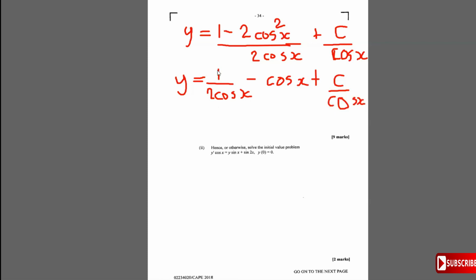Now, y is equal to a half of 1 over cos x. Now 1 over cos x is sec. This works out to be a half sec x minus cos x. And then c over cos x is c sec x.